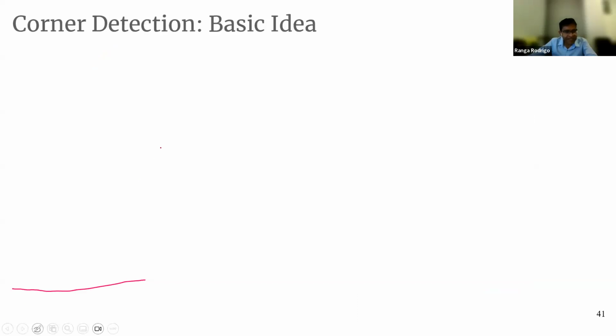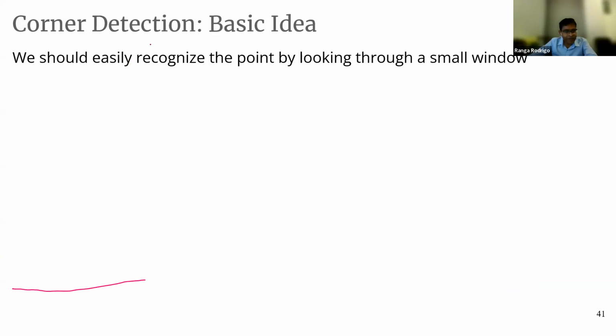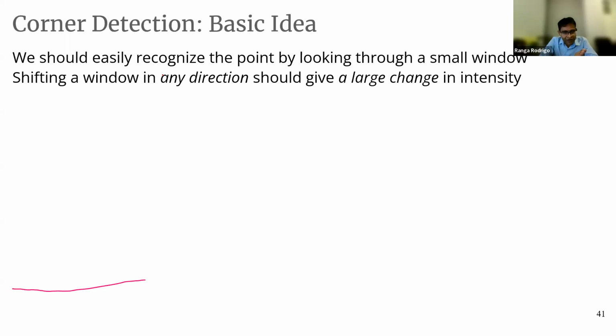Okay, corner detection, basic idea. We should easily recognize a point by looking through a small window. You can see the convolution operator has small kernels like 3 by 3, 5 by 5. By looking at those, we should be able to identify that's a corner. Shifting a window in any direction should give a large change in the intensity. I will show you with examples.